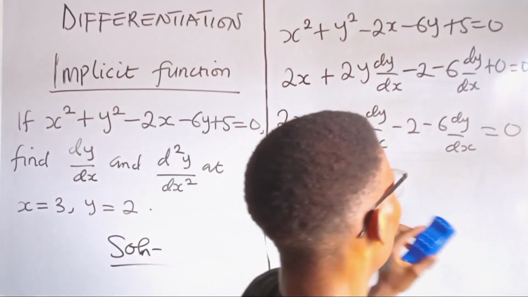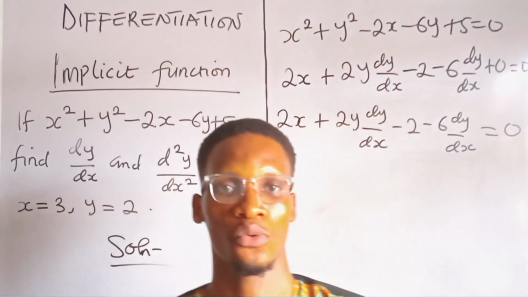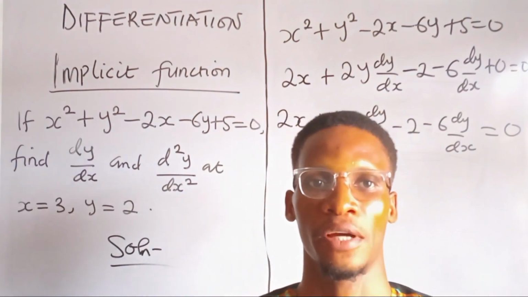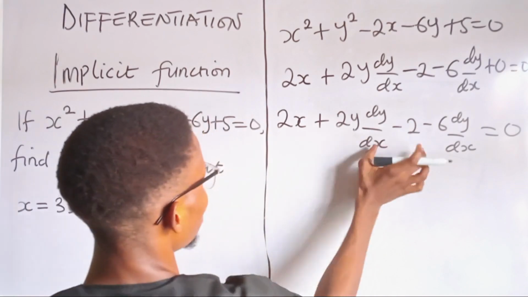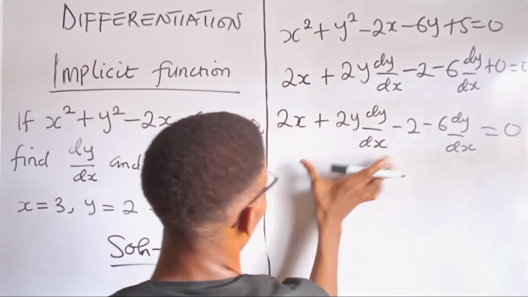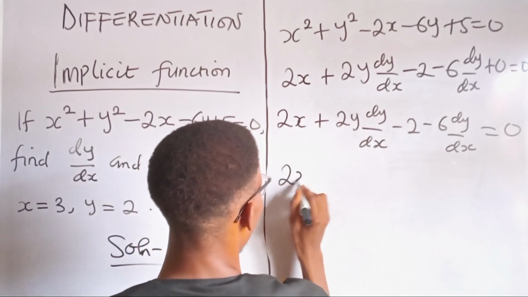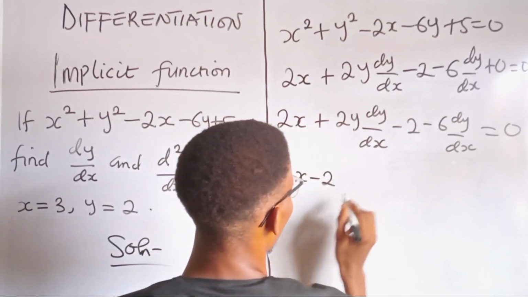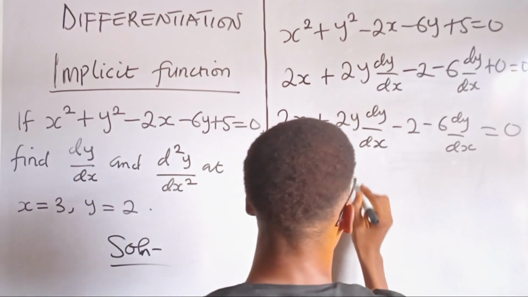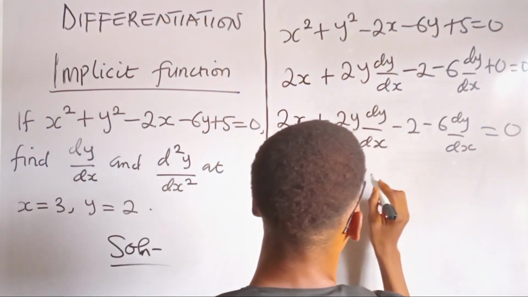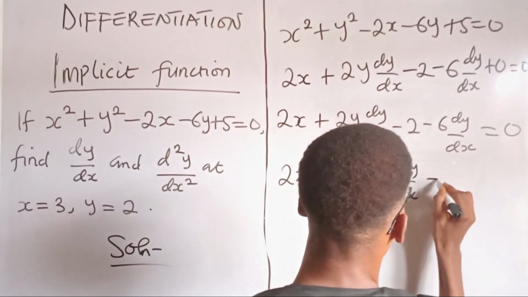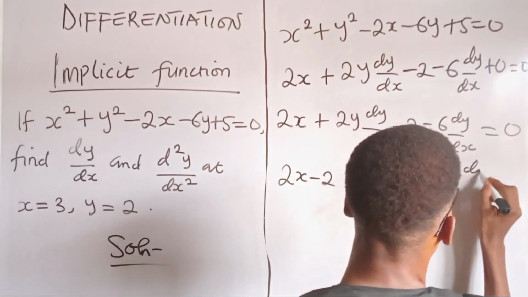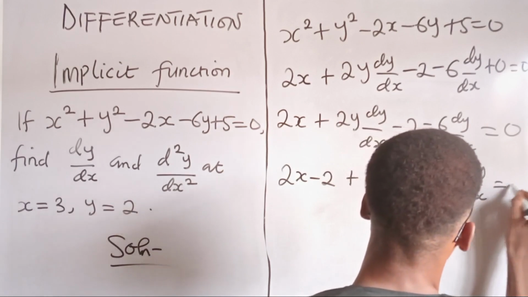Having reached this point, what you now do is to group together the terms that are alike. So you write 2x minus 2, plus 2y dy over dx minus 6 dy over dx, equals 0.